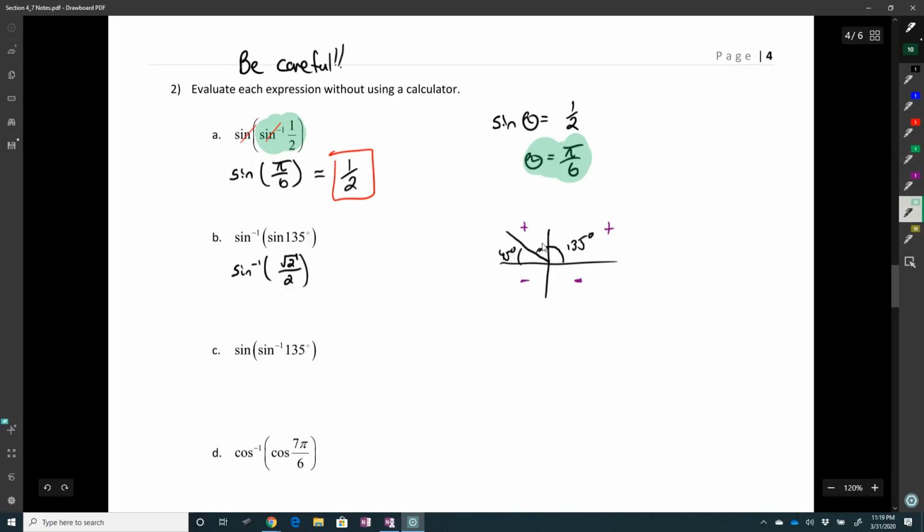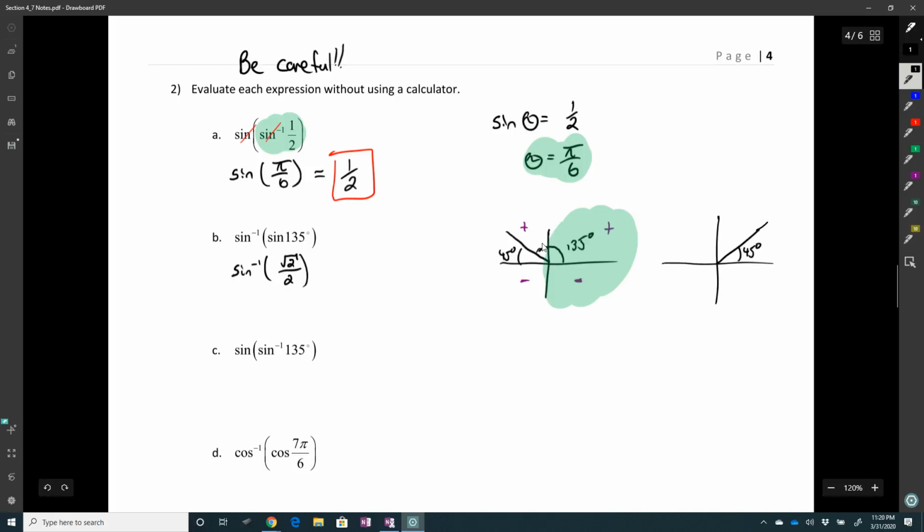Okay? But inverse sine of square root of 2 over 2, we go to the domain. The domain for inverse sine has to be in that area. So my answer can't be the same 135 degrees because it's not in the range of inverse sine. So the answer that gives me square root of 2 over 2 for inverse sine is actually just going to be, let me draw another one, 45 degrees.